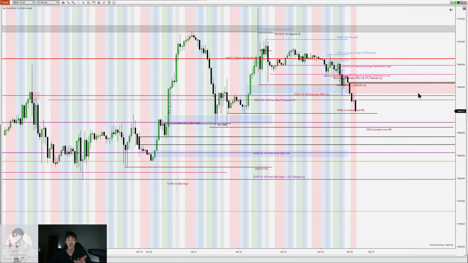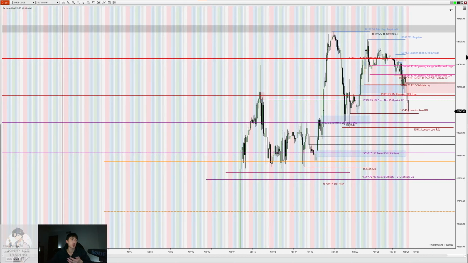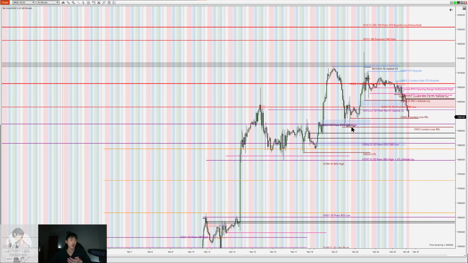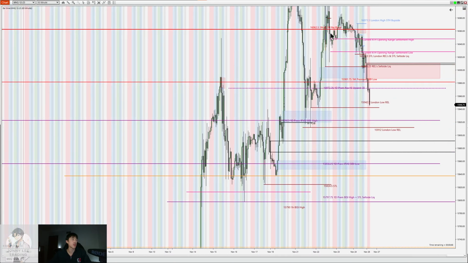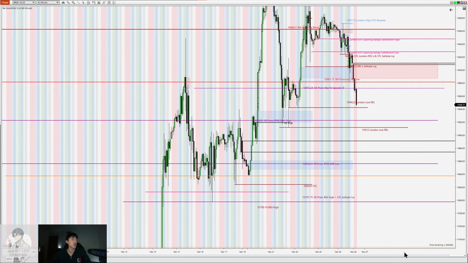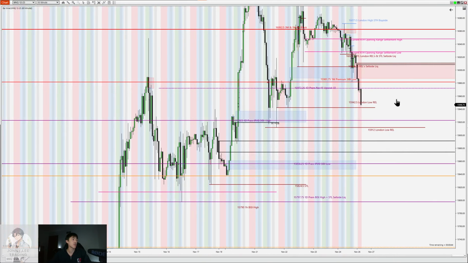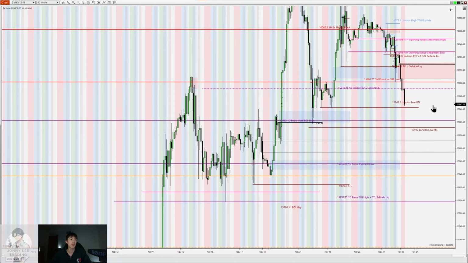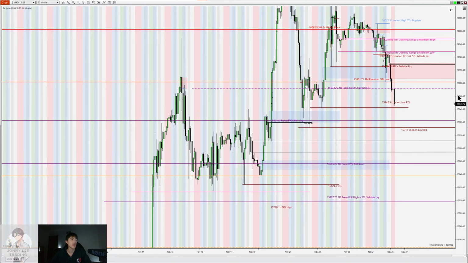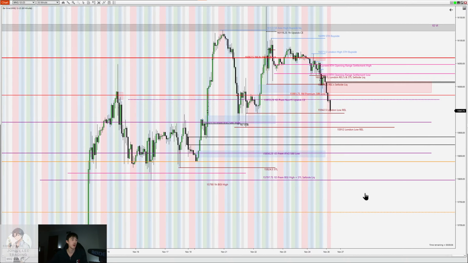Let's see what happens in Asia and London to help us identify, hey, are we looking extremely heavy or are we just going to consolidate in this range which we've created now as we've reached a very, very key higher time frame level. Remember that this big red line is a monthly rejection block, so we want to keep that in mind, right? So I think this helps frame our movement down below.